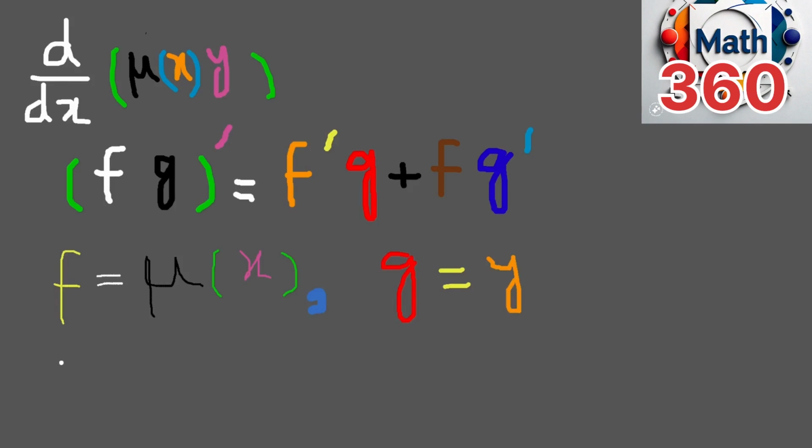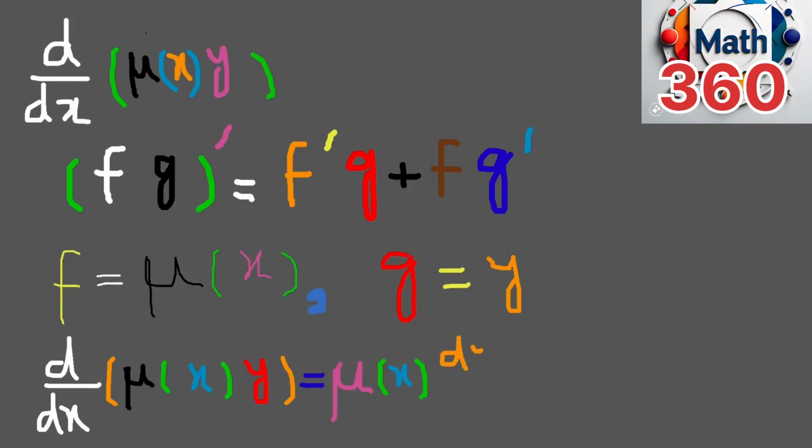So d/dx of mu(x)y becomes mu(x) dy/dx + mu(x)p(x)y, with the equation now in the form d/dx of mu(x)y equals mu(x)q(x).